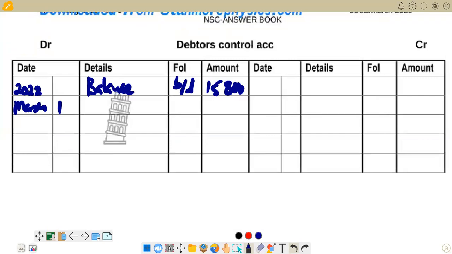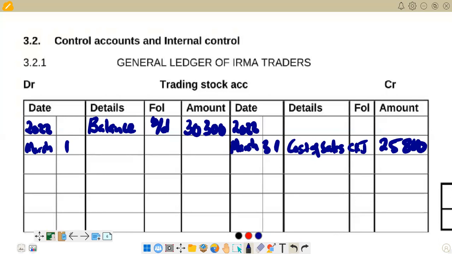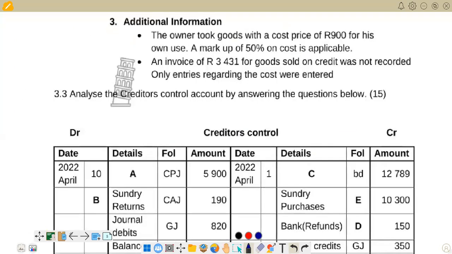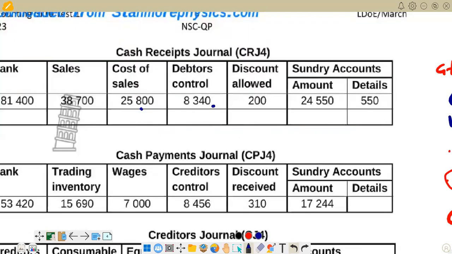So we come back here, we go to our information again to see what we have next there in the information that we are given. So from the cash receipts journal, we also have the figure for debtors control, 8,340. So for debtors control, remember we are also going to enter that one, which is 8,340.